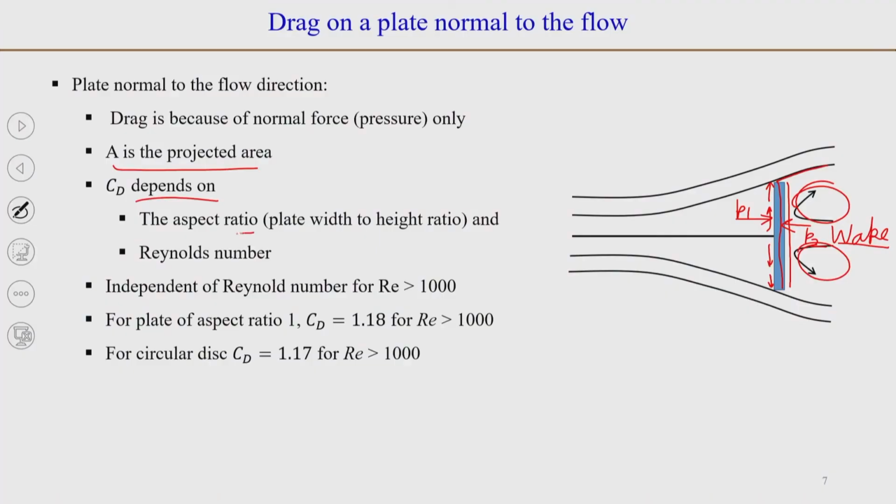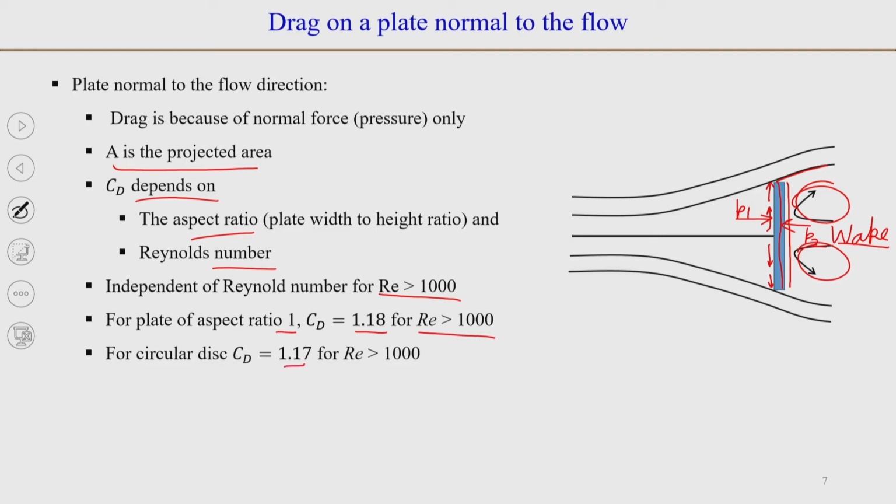So, it depends on the aspect ratio and on the Reynolds number. However, it has been observed that at higher Reynolds number, greater than 1000, it becomes independent of Reynolds number. Some numbers here: if the plate is square, the length and width are equal, so the aspect ratio is 1 and C_D is equal to 1.18 when the Reynolds number is greater than 1000, and if the disc is circular, 1.17.